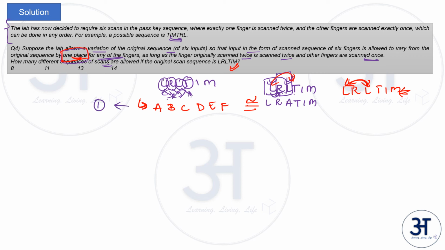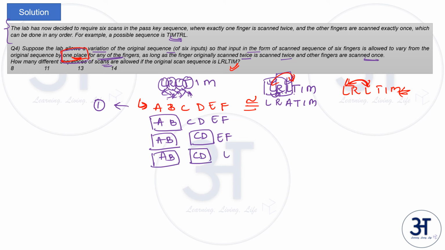This is 1. Let us see all the possible scenarios. So AB can shift, meaning it can become BA and rest all in its place. I'm writing all the possible cases. AB can shift along with CD, leaving EF. AB can shift along with CD and EF.